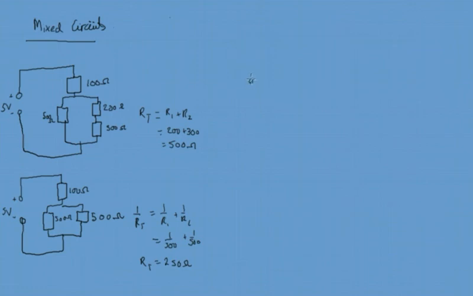Now we can draw it again. 100 ohm. We no longer need to draw our part that's in parallel, because we found the total resistance of that part of the circuit to be 250 ohms.